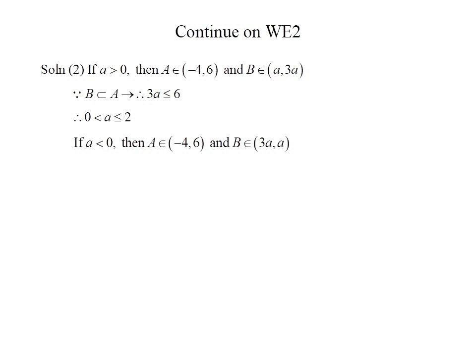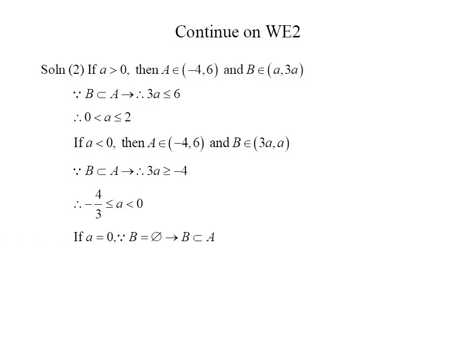When a is less than 0, since set B is a proper subset of set A, 3a in this case must be greater than or equal to -4. Hence, the value range of a is greater than or equal to -4/3, and at the same time a is less than 0.